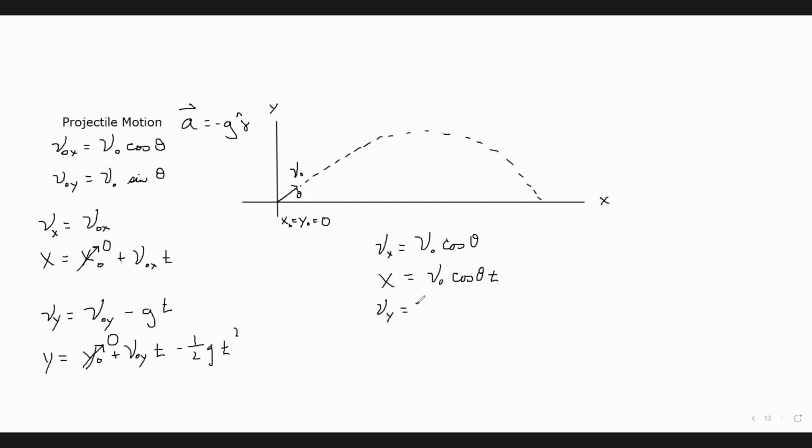Vy is equal to v0 sine theta minus gt, and y is equal to v0 sine theta t minus 1/2 gt squared.